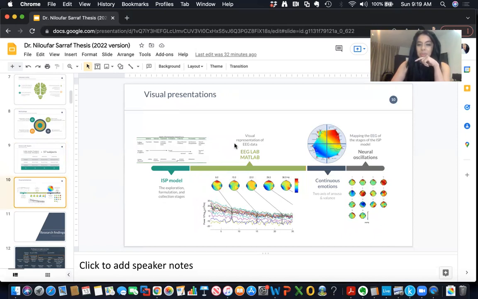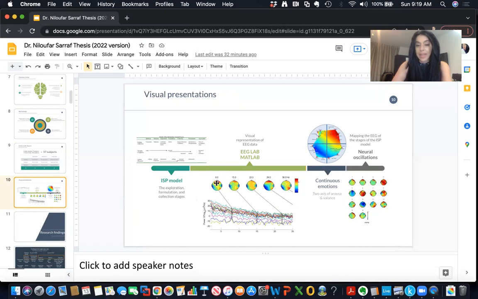Here is a visual presentation of basically the whole thesis at a data analysis and data visualization level. Start with the ISP model. Here are the typical visualizations of the EEG data analysis that I had. For example, this is one participant that shows their scalp with different hertz.